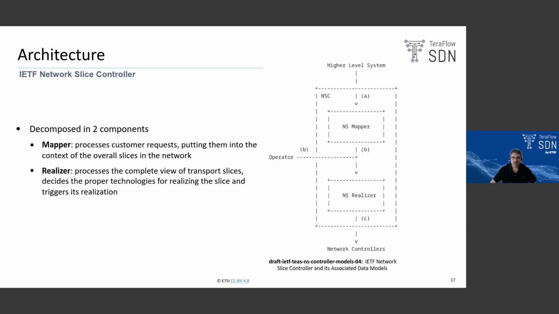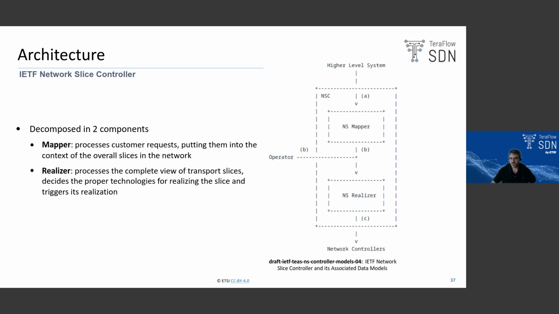In terms of the internal architecture for the network slice controller, this is the initial one. I have to say that we are pushing and elaborating this internal architecture in the community and together with the IETF. But in summary, and to not complicate things that much, there is on top a mapper component that processes the customer requests, putting them in the context of overall slices in the network.